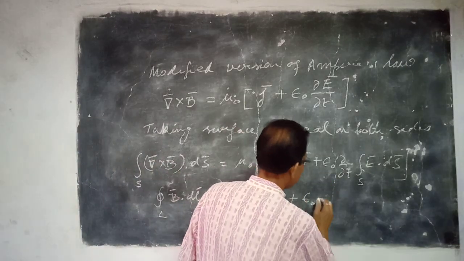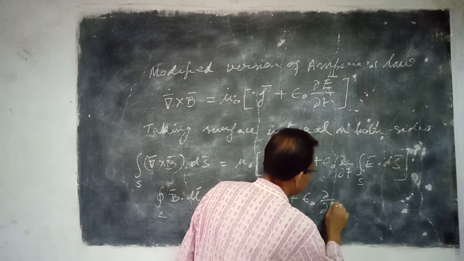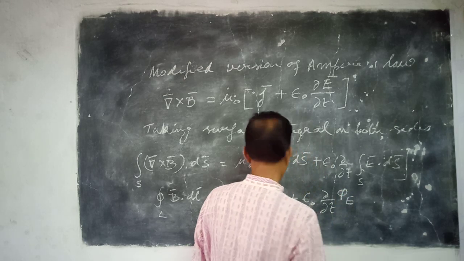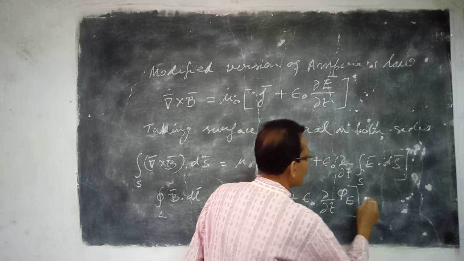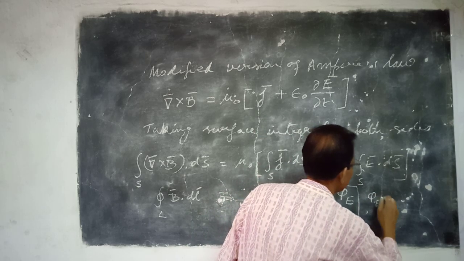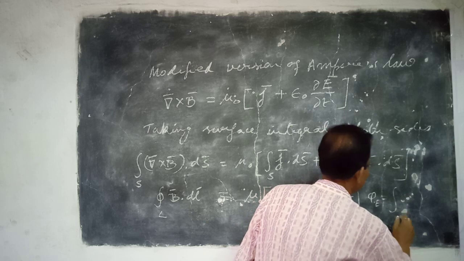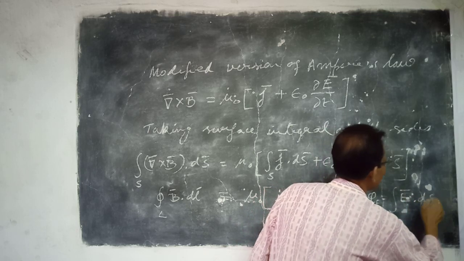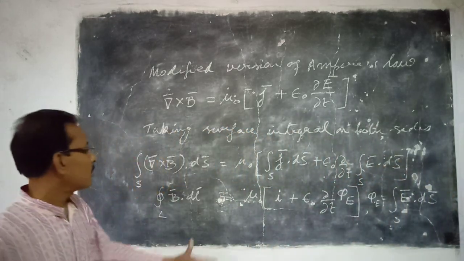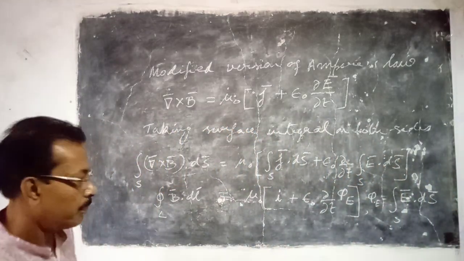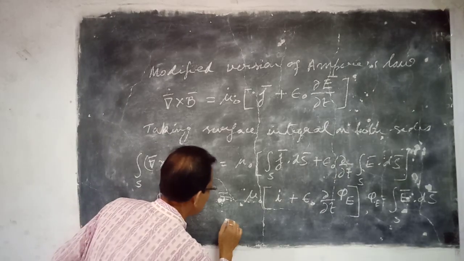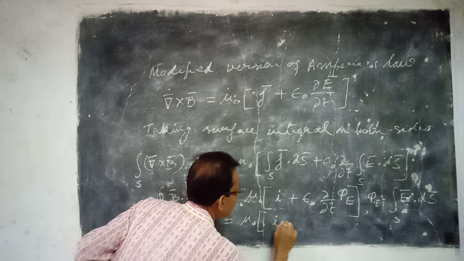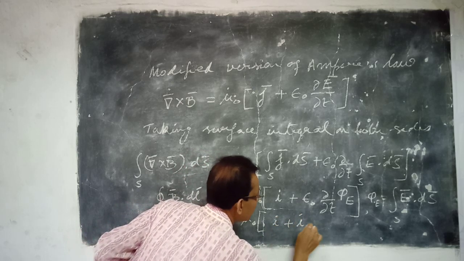So we can write epsilon 0 del del t of phi E, where phi E is equal to the integral of E dot dS. So this is the integral form of Ampere's law, or you can write mu 0 times I plus I d.